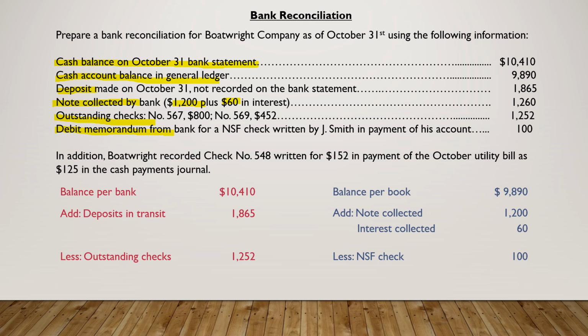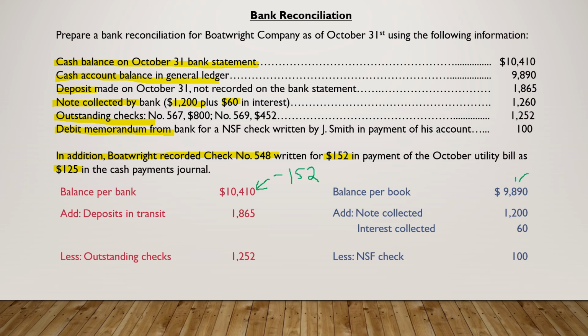The last item to consider is check number 548, which was written for $152, but recorded in the journal as $125. The actual cash dispersed was $152. That's the amount taken out of the bank balance.